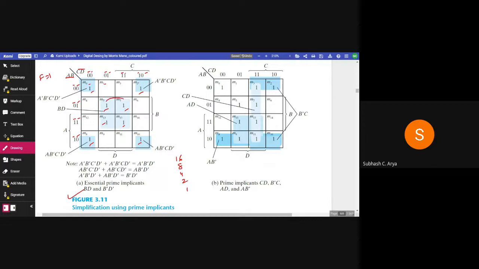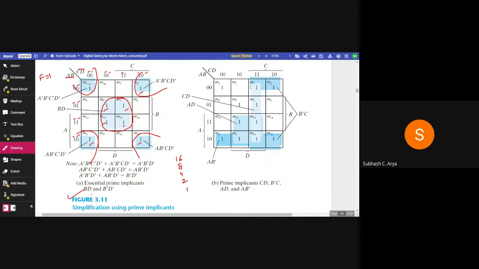So we can make a quad here with a group of four ones. And if we fold this K-map, all corners will come adjacent, so we can make a group of four ones here also. So it becomes two quads, and based on that we can find out the solution.